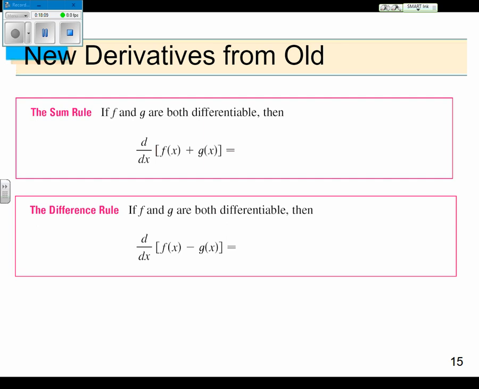And so since the derivative is just a limit, I can split up that derivative and take the derivative of each function of x. And that's going to be true whether I am adding or subtracting.